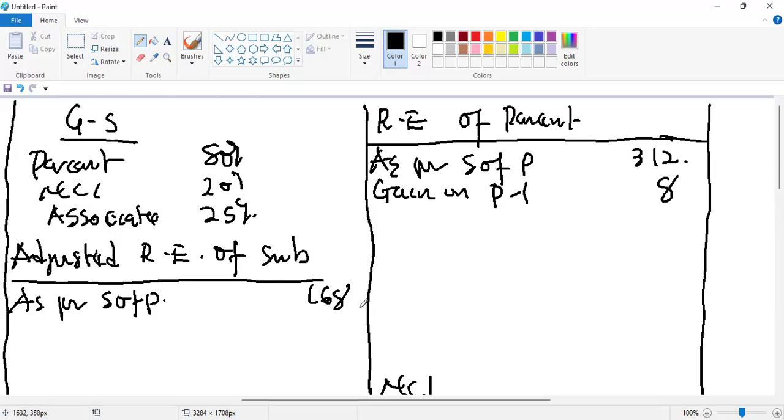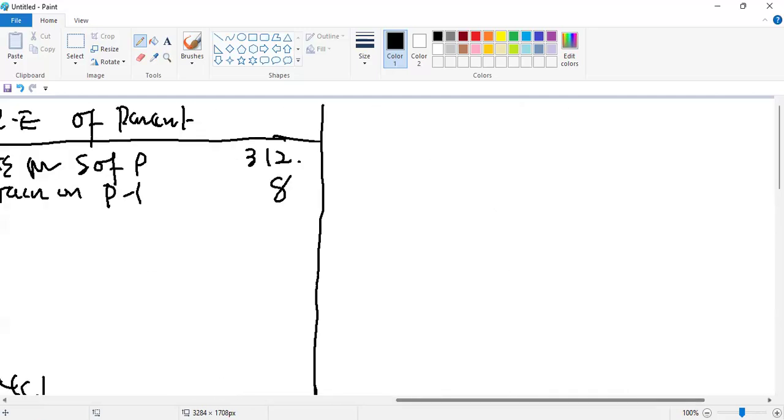Good. Now, why does it give us the net asset of associates, 25%? It does not give me retained earnings. The purchase consideration of 48 is the cost of investment in associate.